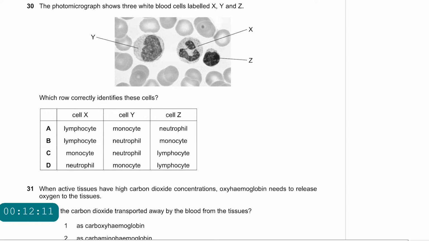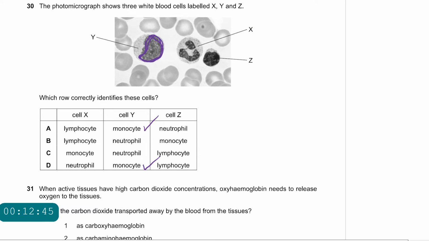The photomicrograph shows 3 white blood cells labeled X, Y, and Z. Which row correctly identifies these cells? To start with, we have here cell Y. It looks like almost a bean-shaped nucleus. This bean-shaped nucleus is definitely always going to be a monocyte. So this is correct.